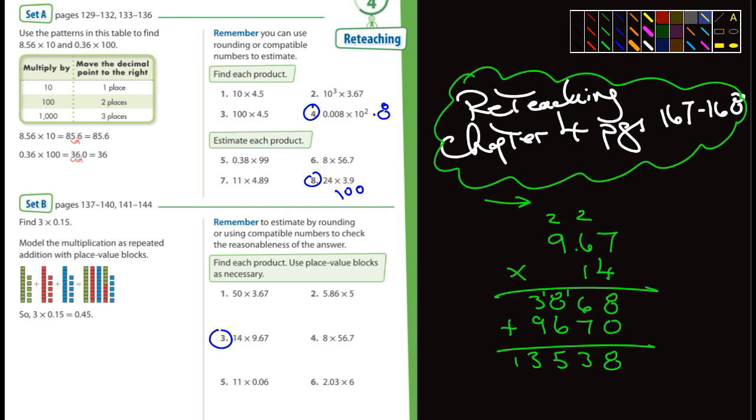Just 2 places, because the 14 is already to the far right. So we start right here and go over 2 places, 1, 2. So the decimal goes right here. It looks like the answer is 135.38. Okay.